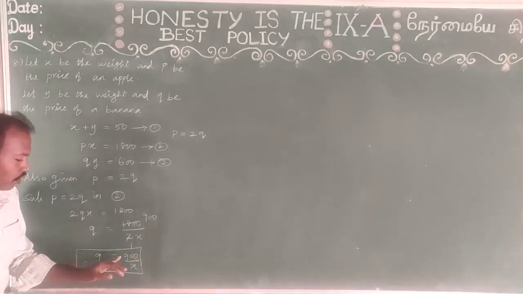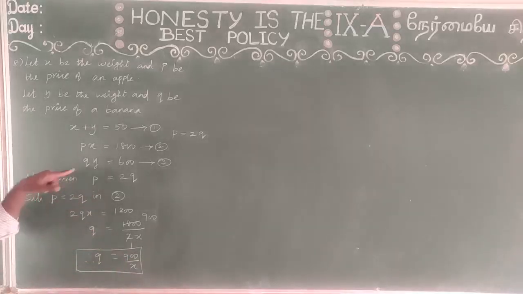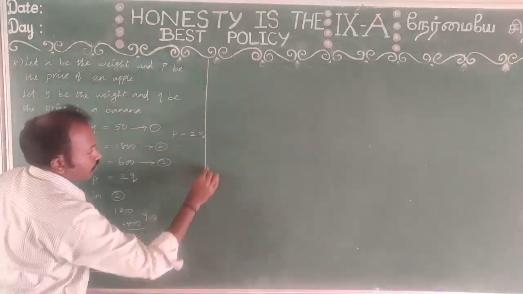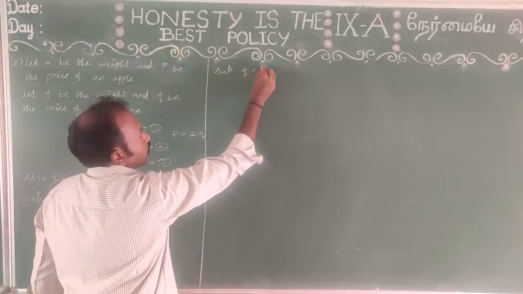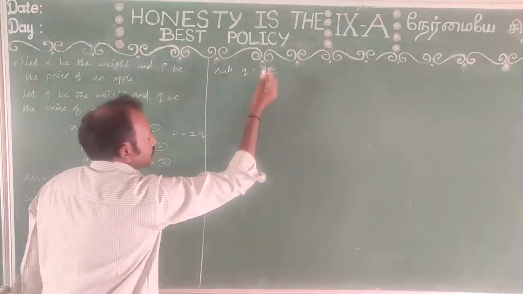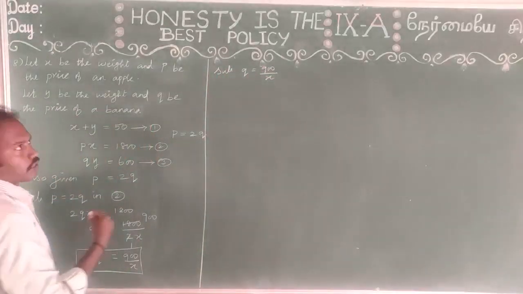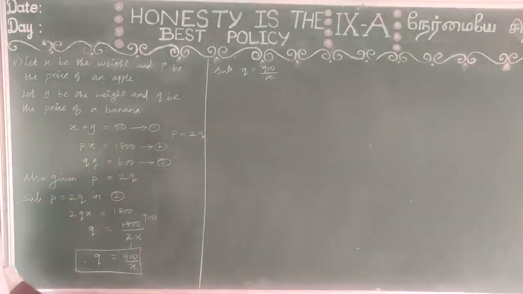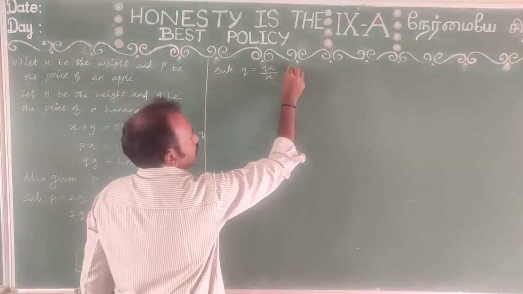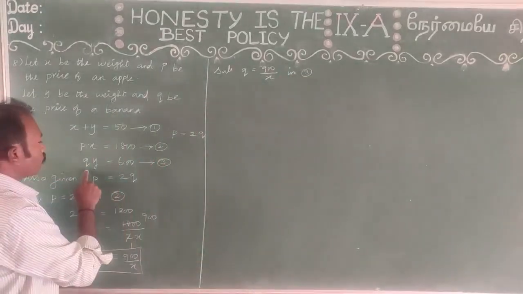Substituting q is equal to 900 divided by x in 3. That is qy.